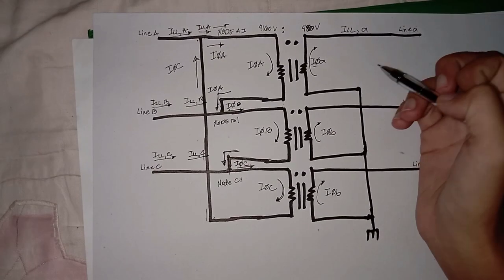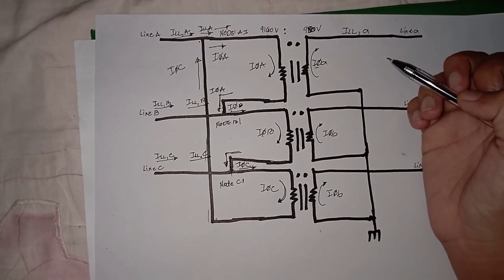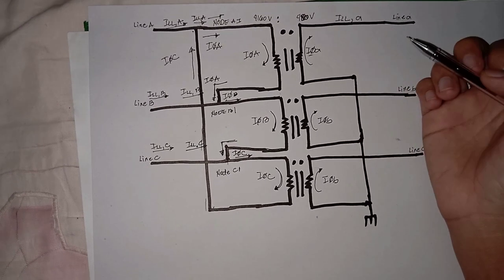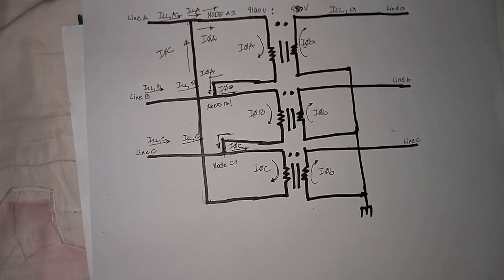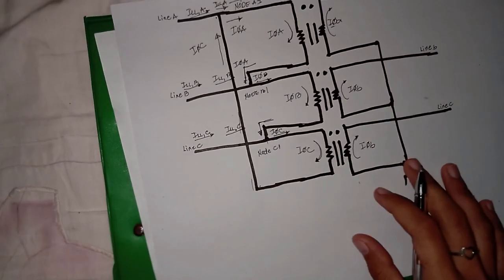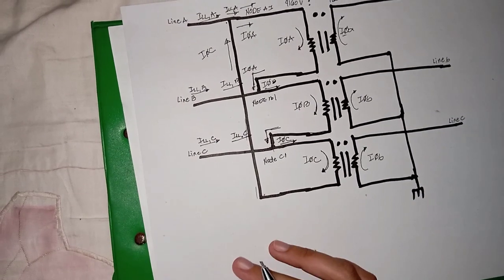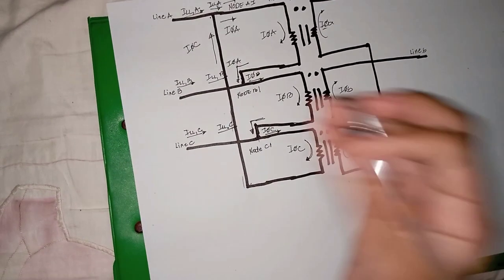So when we apply the KCL, or Kirchhoff's current law, we can simply express this relationship in node A1.